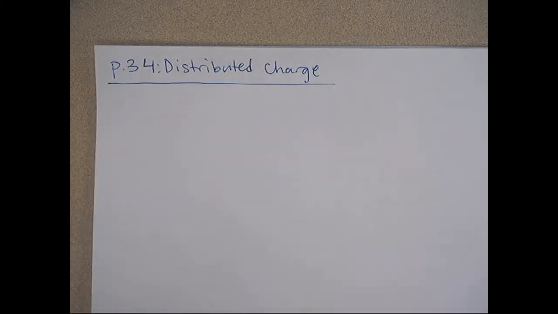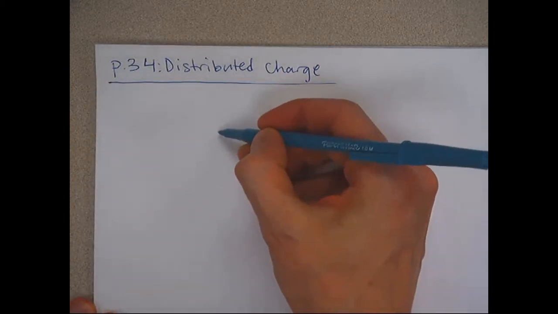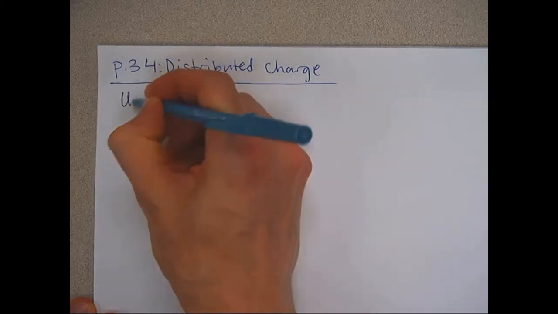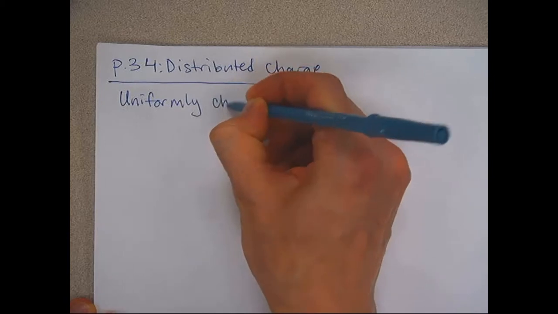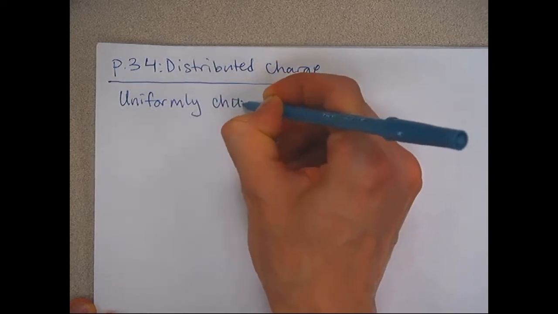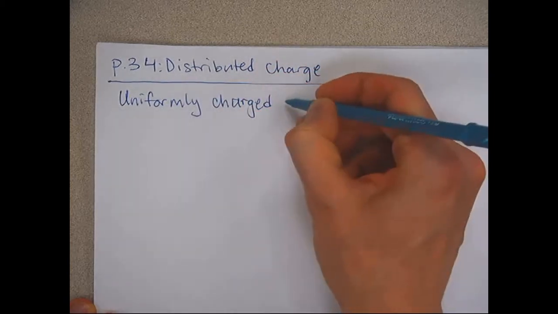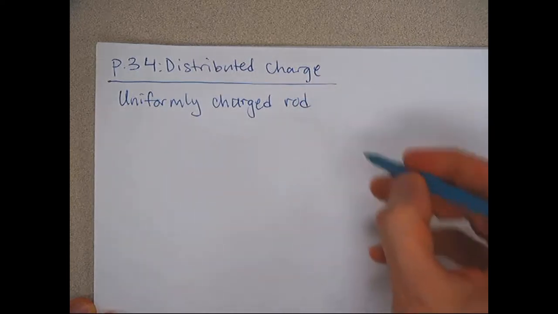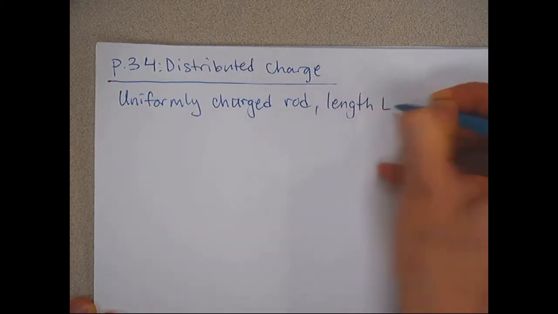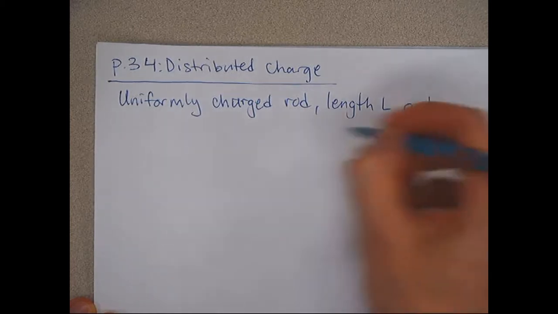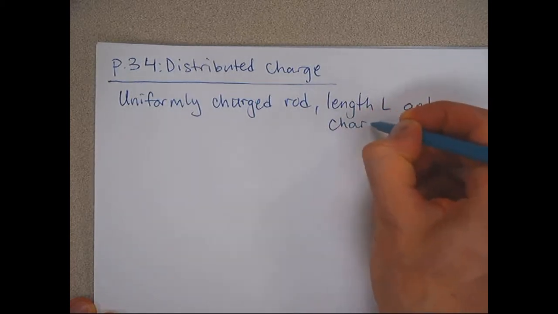The problem where charge is distributed over what we'll call a uniform rod, or uniformly charged rod of length L and charge Q.